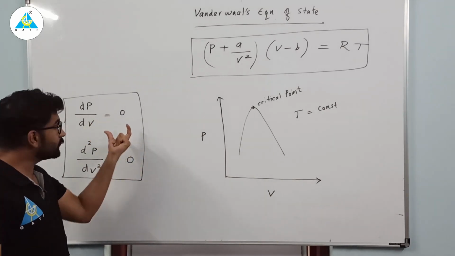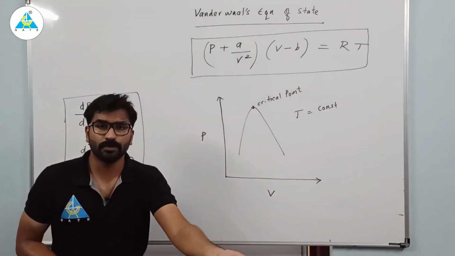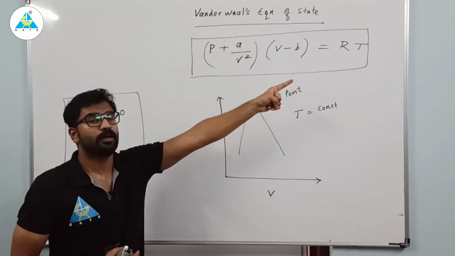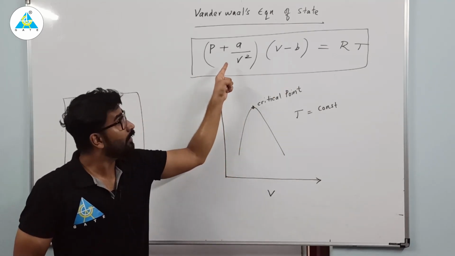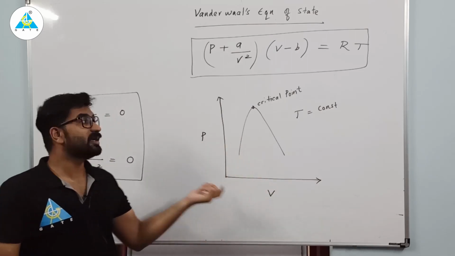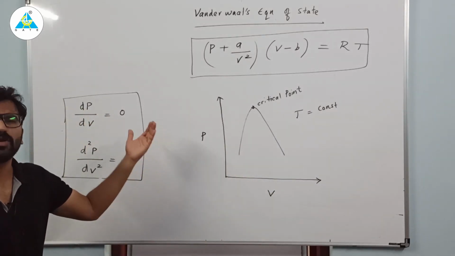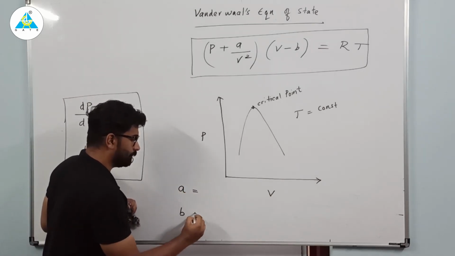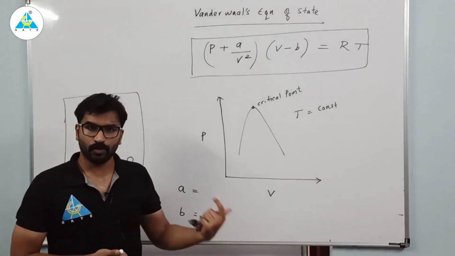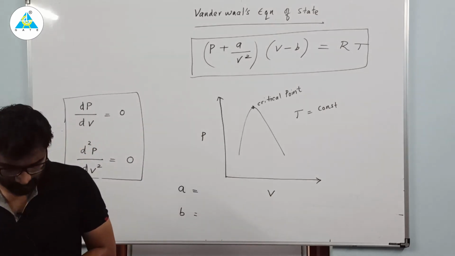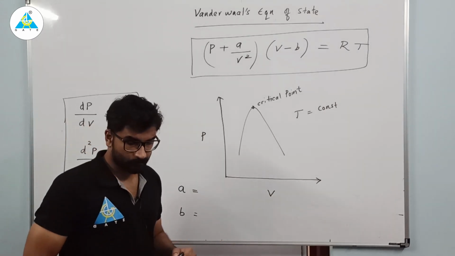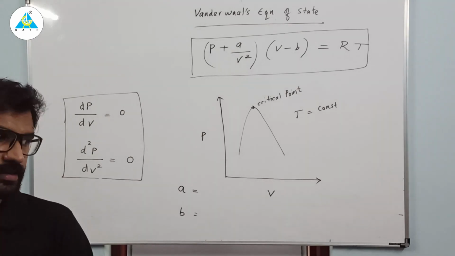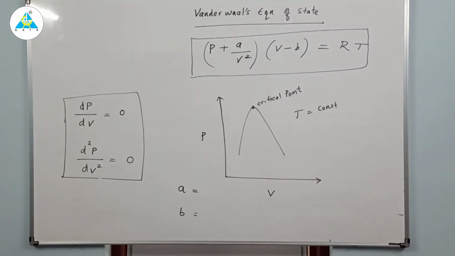Using these two things, if you want further information, differentiate these two equations, that is, your van der Waals equation of state, put it equal to 0 and check whether you are able to get the values of a and b we have written. Clear? I hope you are able to find this. So that is our question. We have done 3 GATE questions based on these things. I hope you understood this.